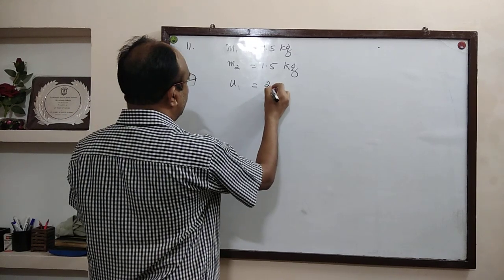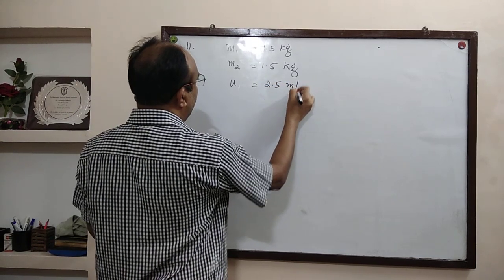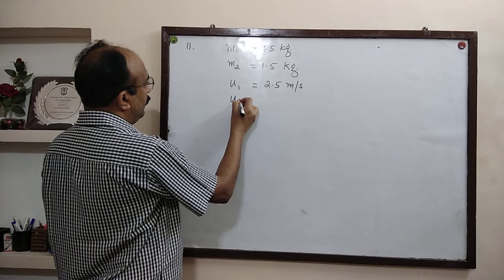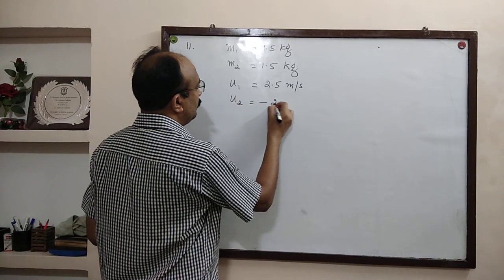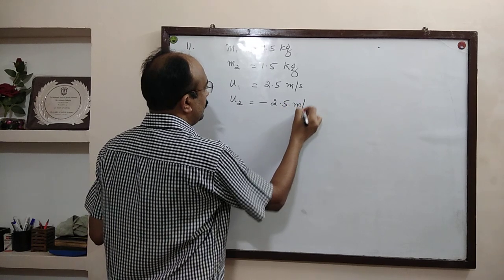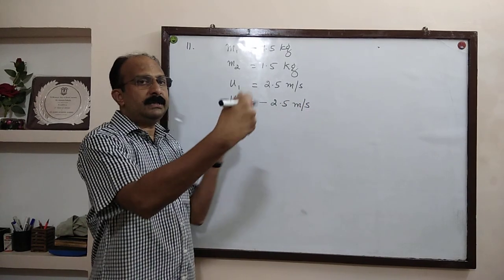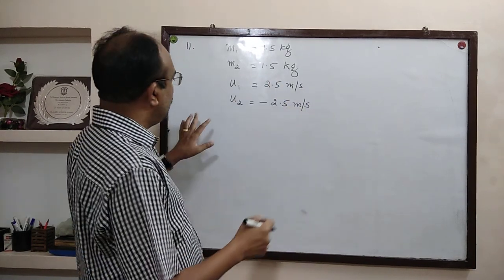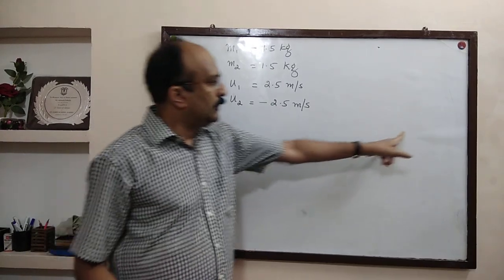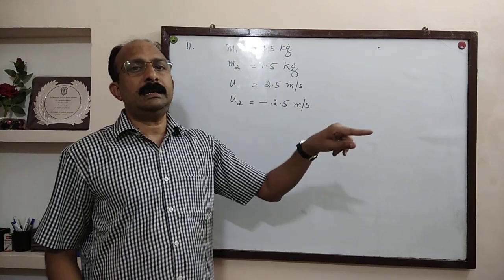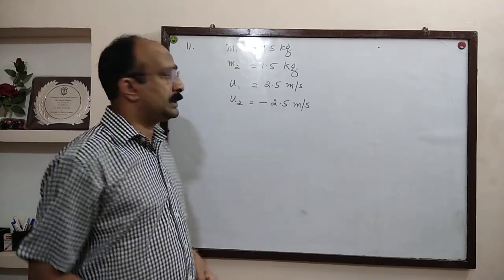So U1 equal to 2.5 meter per second. What will be U2? Minus 2.5. Why? Because both the bodies are moving in the opposite direction. So since we have taken U1 as positive, U2 will be negative because opposite direction.